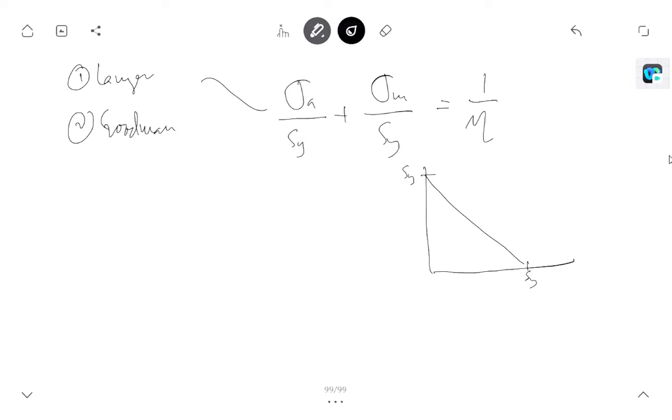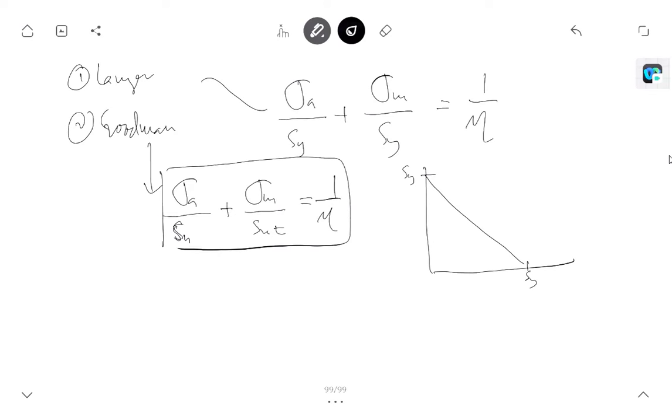For Goodman, we have sigma A over the endurance limit or fatigue strength, plus sigma mean over SUT, the ultimate strength, equals 1. This is the graph for Goodman.